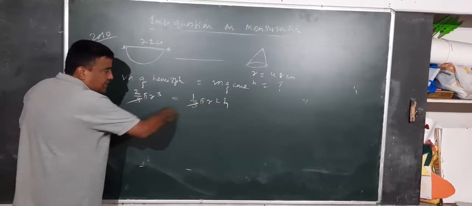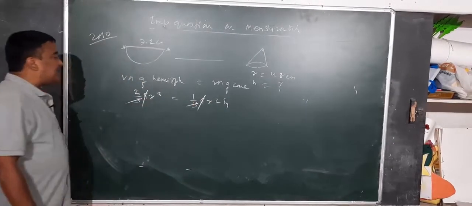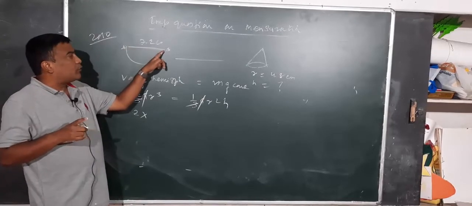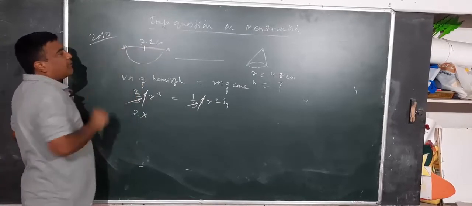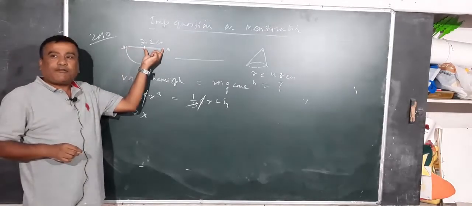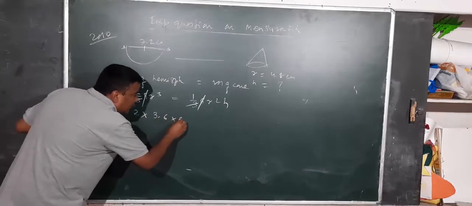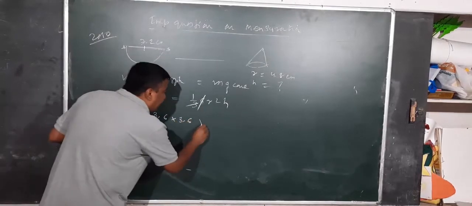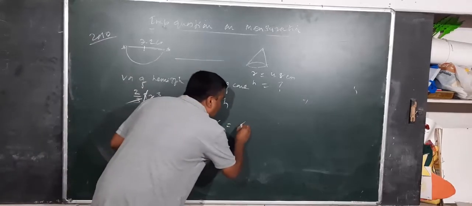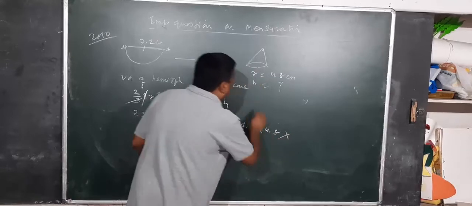These three will get cancelled. Pi will get cancelled. Now 2 into, see, diameter is 7.2, radius means half. If diameter is 7.2, so obviously radius will be half of 7.2, that is 3.6. 3.6 into 3.6 into 3.6 equals to, radius is 4.8 into 4.8 into h.